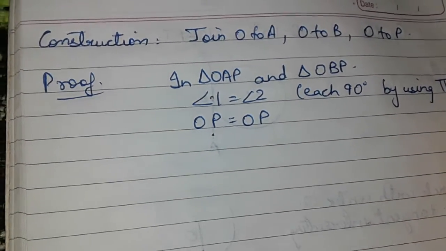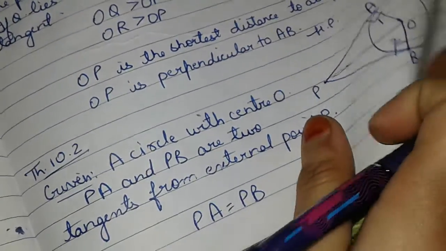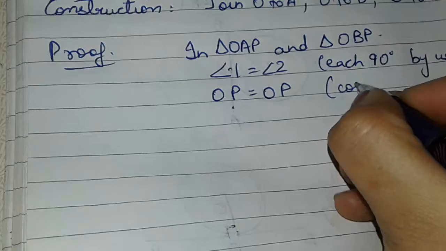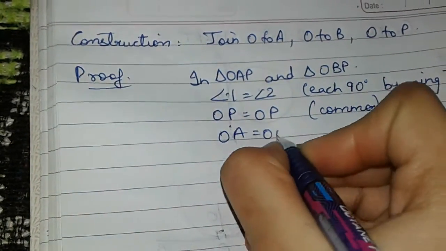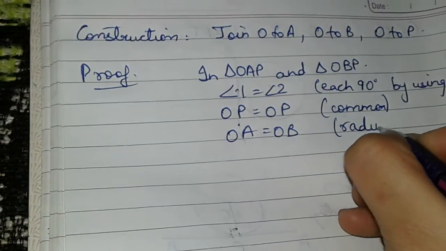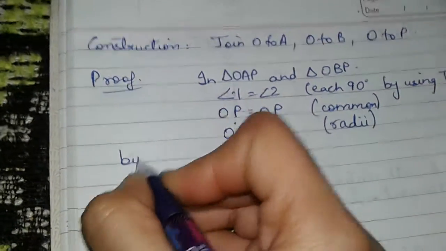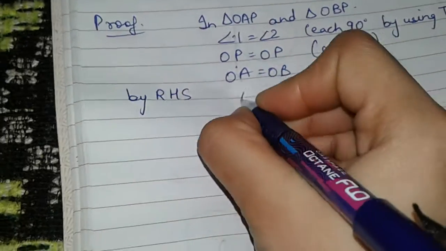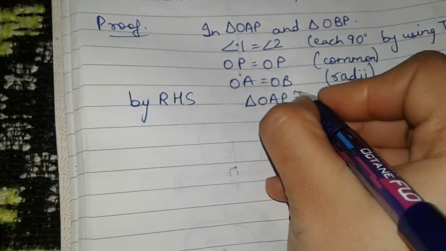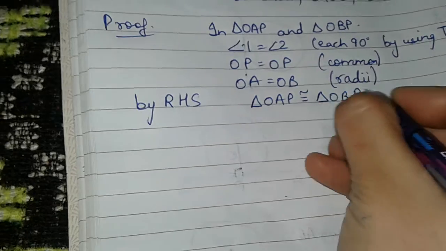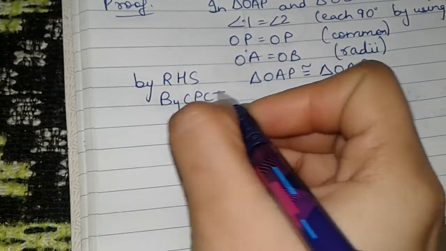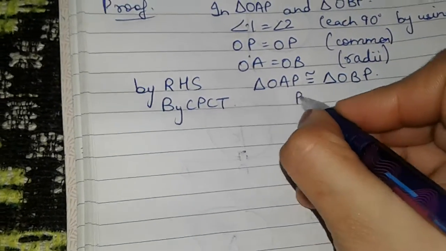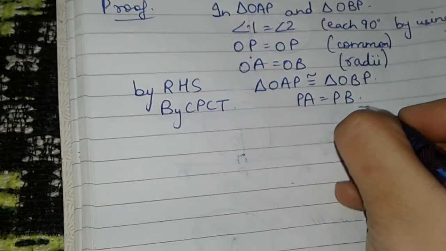Then hypotenuse: OP is equal to OP, common. Then side: OA is equal to OB, these are the radii of the circle. By right angle, hypotenuse, side, that is by RHS, triangle OAP is congruent to triangle OBP. By CPCT, corresponding parts of congruent triangles, we can say that PA is equal to PB, and hence proved.